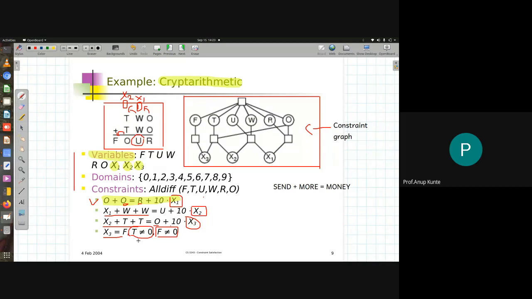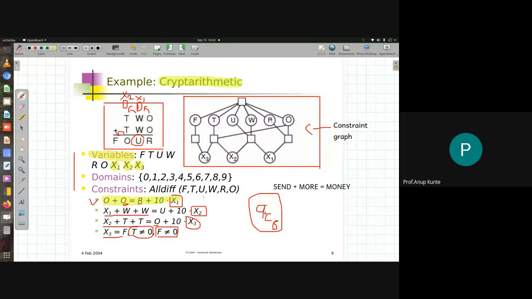So I have 6 letters, 9 numbers. So 9C6 combinations to choose from. Sorry, 10 numbers.